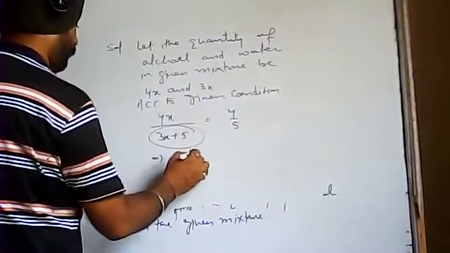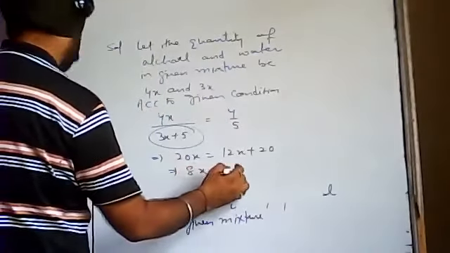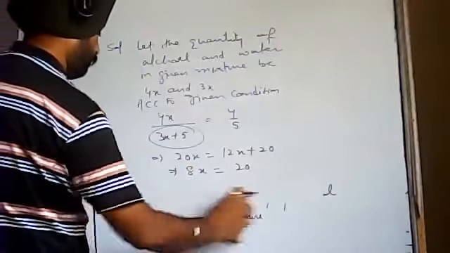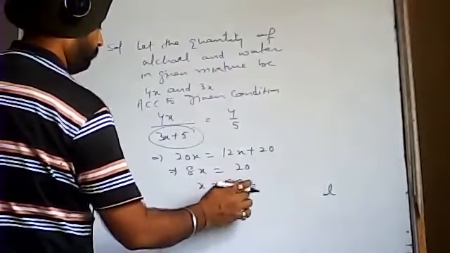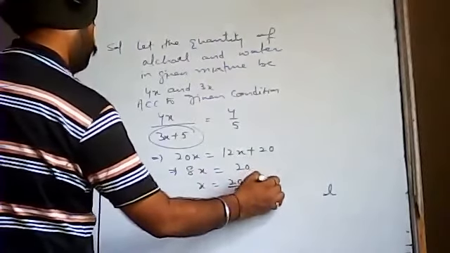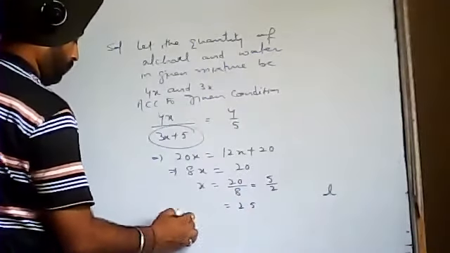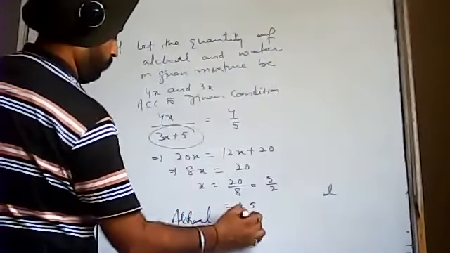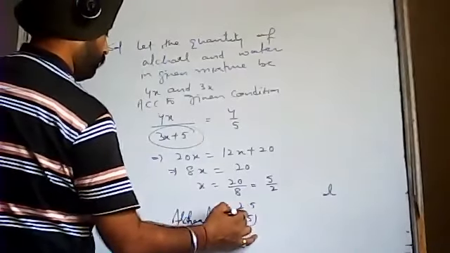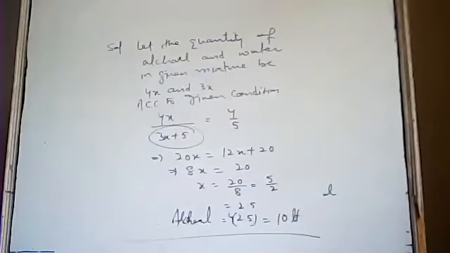So this is 20x equal to 12x plus 20. 8x equal to 20. x is equal to 20 over 8, which is 5 over 2, 2.5. Therefore, alcohol is equal to 4 into 2.5. This is 10 liters. Is it clear to everyone?